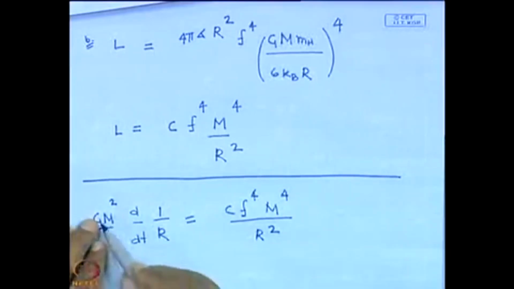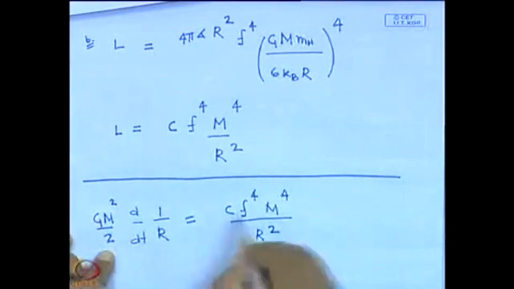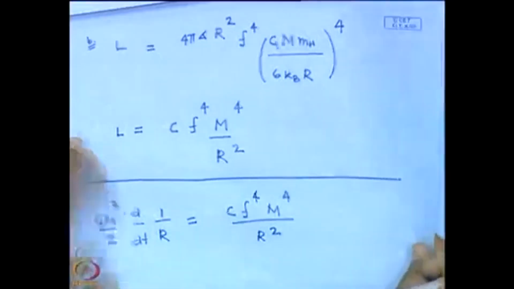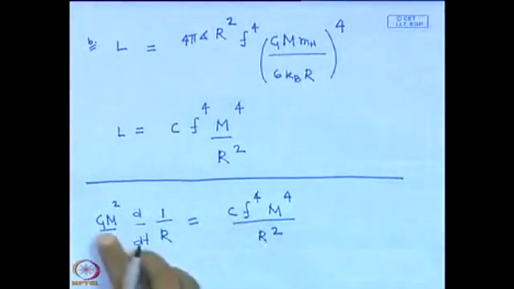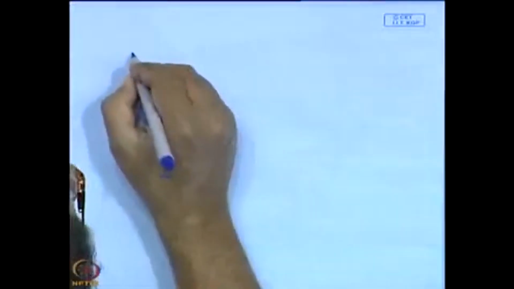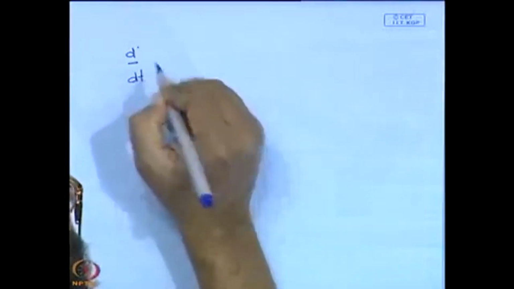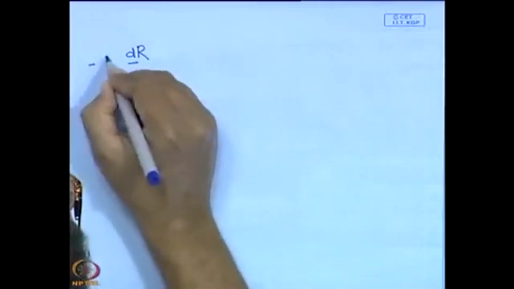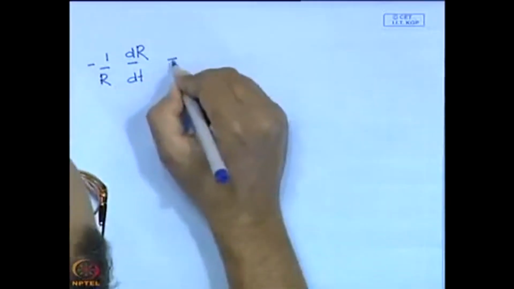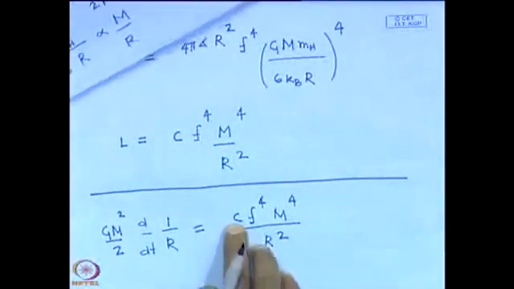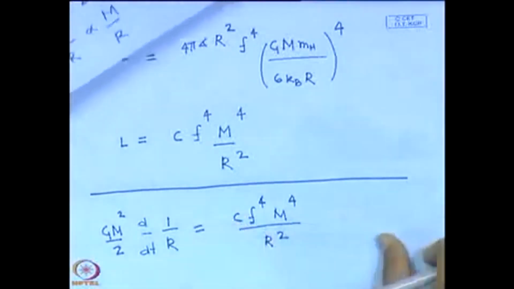So, I can absorb these coefficients G m square by r into this constant C and redefine another constant, which is 2C by G. What I will get is d by dt of r, minus 1 by r square, is equal to, so this was C, let us give it some other name, let us call it C bar.